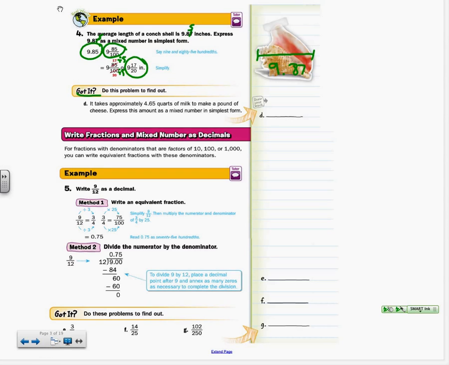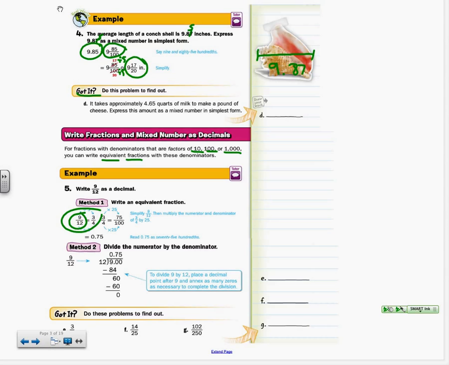For fractions with denominators that are factors of 10, 100, or 1,000, you can write equivalent fractions with these denominators. So let's take a look at number 5. Write 9/12 as a decimal. Well, that denominator 12 cannot be changed into 10, 100, or 1,000. But if we simplify it first, it can be changed to 3/4.